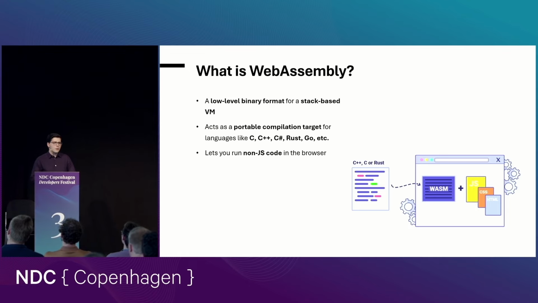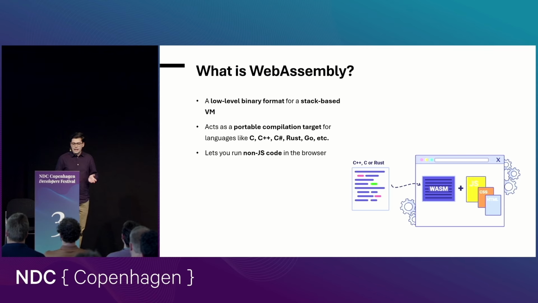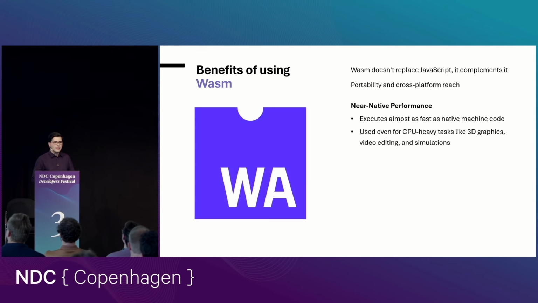So it's some kind of a compilation target for, let's say, C#, C, C++, Rust, Go, Dart, and many other languages which are possible now to run on top of web instead of previously just using JavaScript or maybe, let's say, TypeScript, but it's still compiled to JavaScript. So there are many more options now with Wasm, and there are many more options to actually build better applications that run on the web.